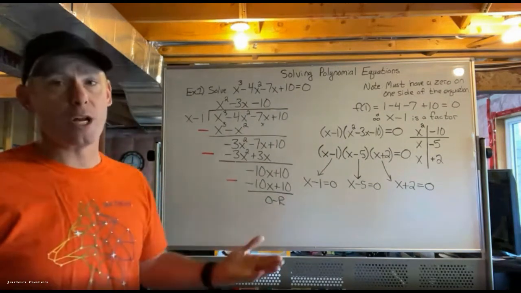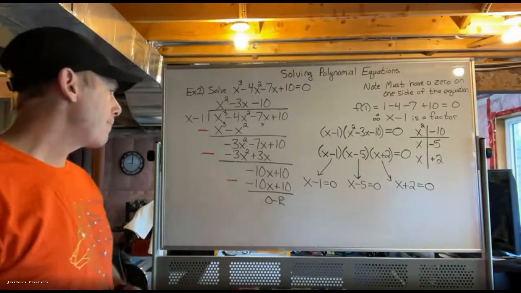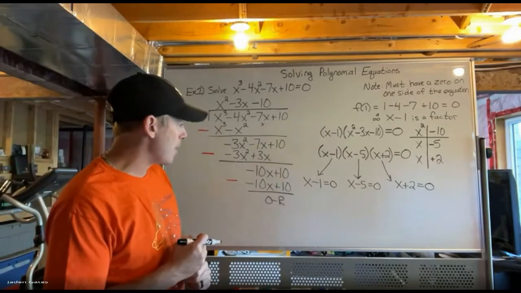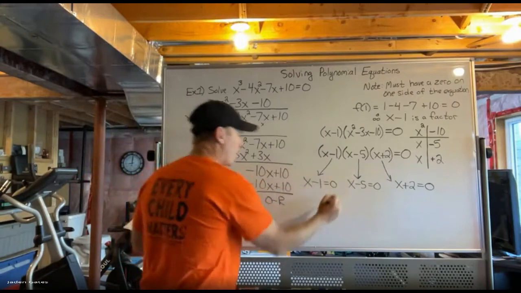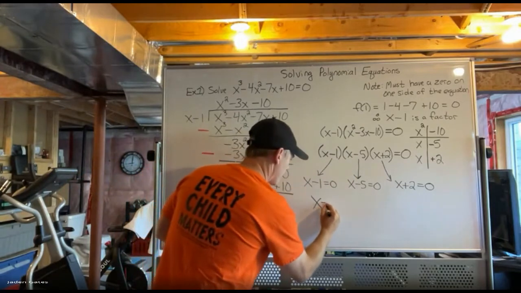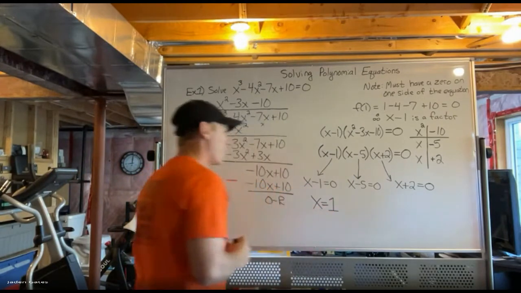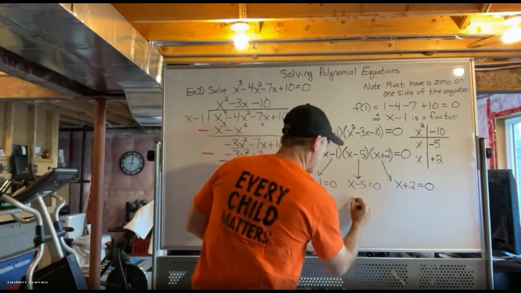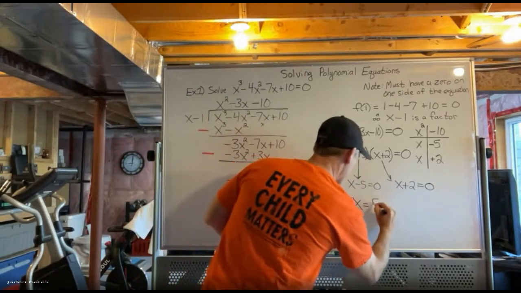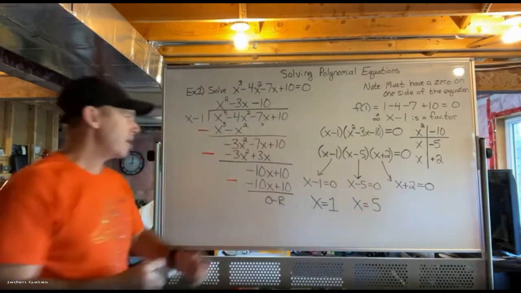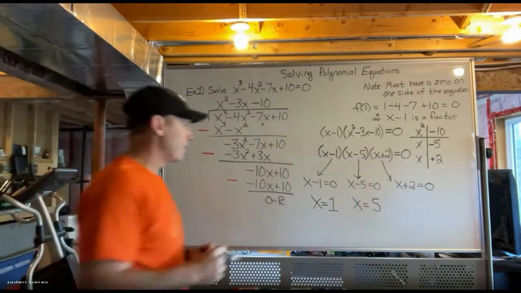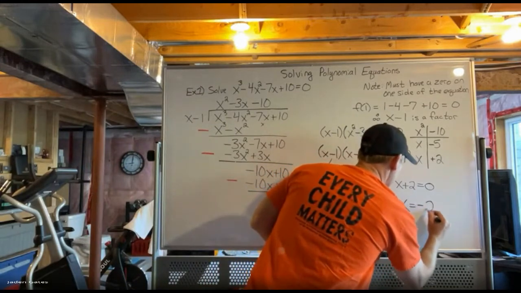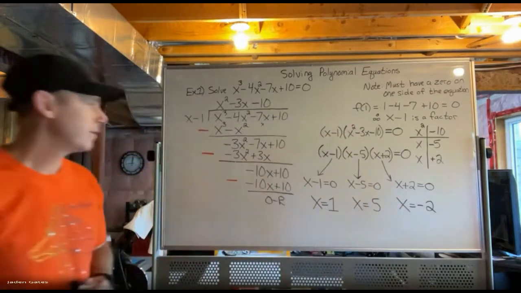Now, sometimes your answers could be the same, but not in this case, because if I solve factor number 1 here, I bring the negative 1 over to the other side. My answer is 1. I bring the negative 5 over to the other side for the second factor. My answer is 5. And in the third factor, I'm going to bring that positive 2 over to the other side, and I get a negative 2.